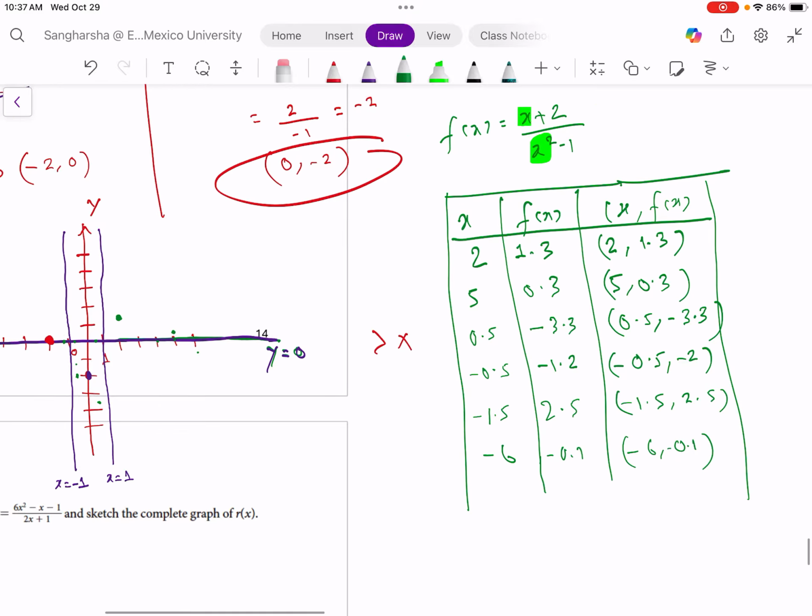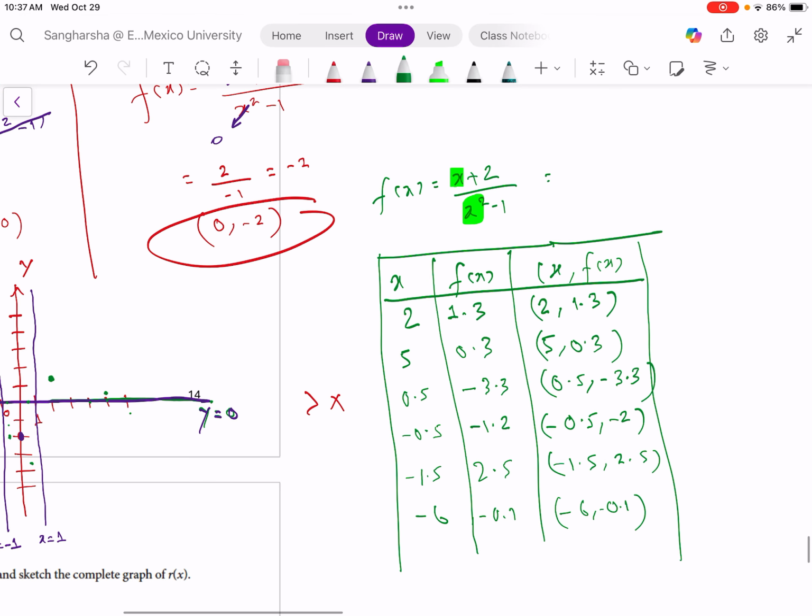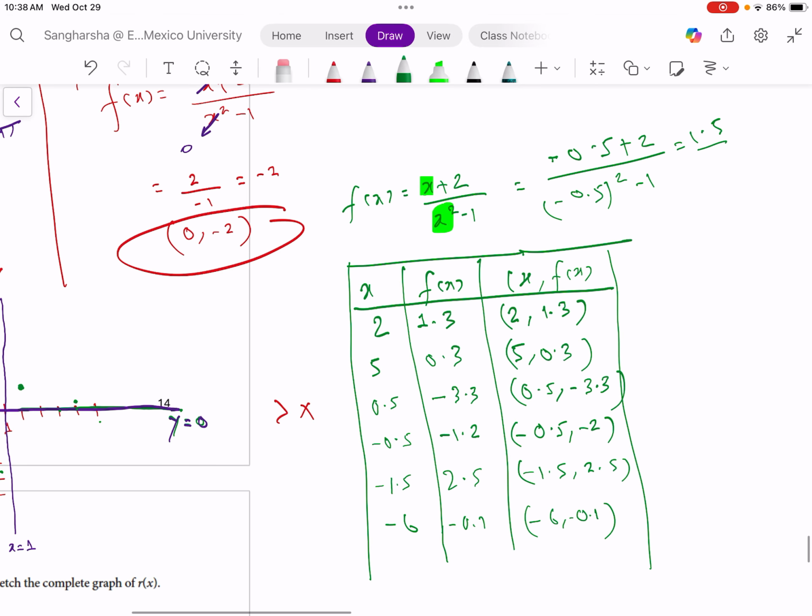Okay, so this is negative 0.5 plus 2 divided by minus 1. Negative 0.5 square is 0.25, right? Minus 1.5 divided by negative 0.75.